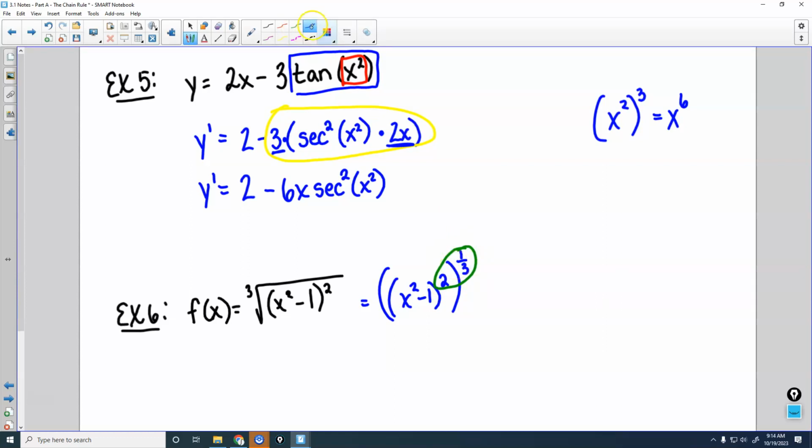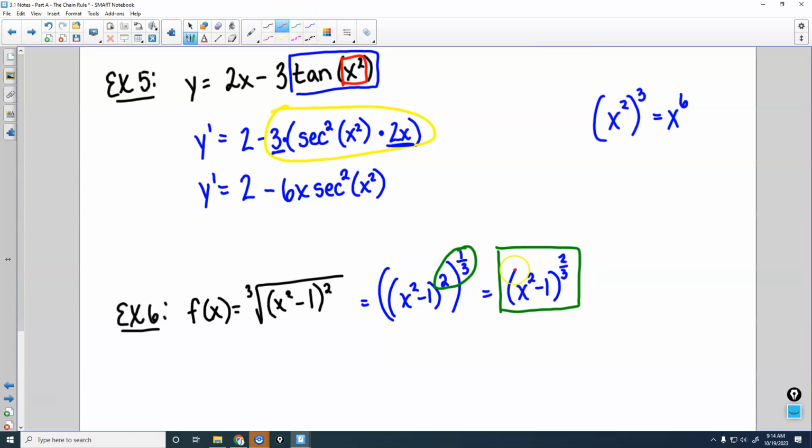So I can just multiply those together. 2 times 1/3 would give us x squared minus 1 to the 2/3. And so now I have combined those, and I do not have to do a chain rule inside of a chain rule. Does that make sense?